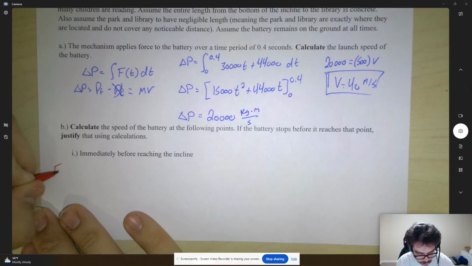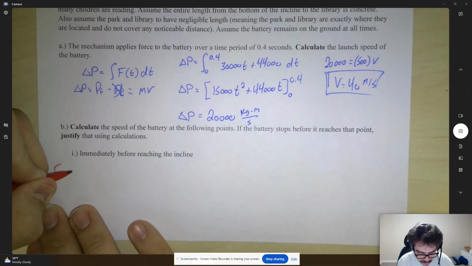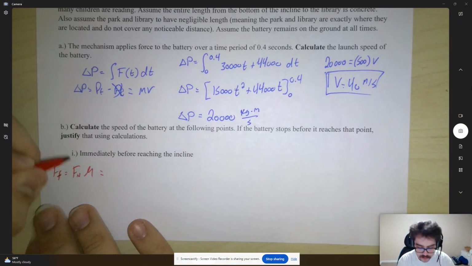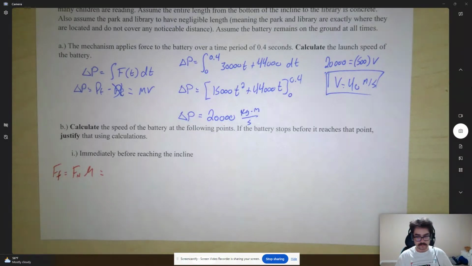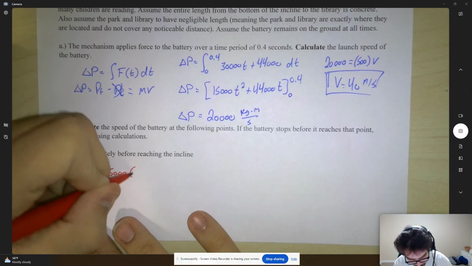So friction is equal to normal force times mu. It's a horizontal surface, so I don't need to worry too much about that. The normal force is just going to be equal to mg. Mass is 500 multiplied by g gives me 5,000. Mu is 0.5.